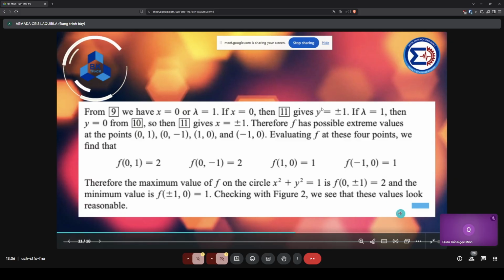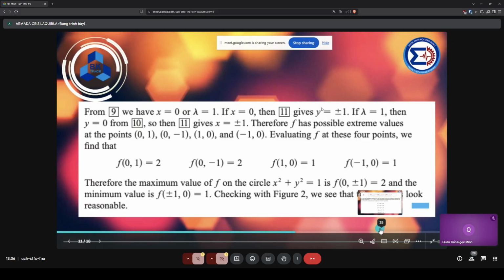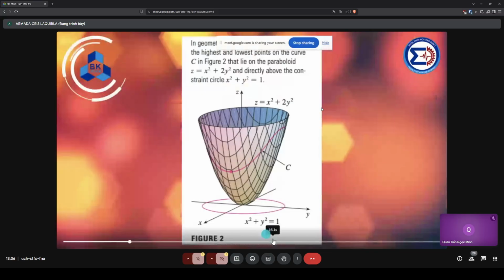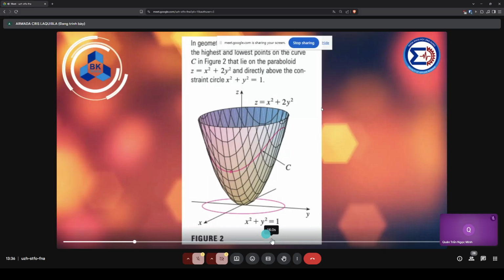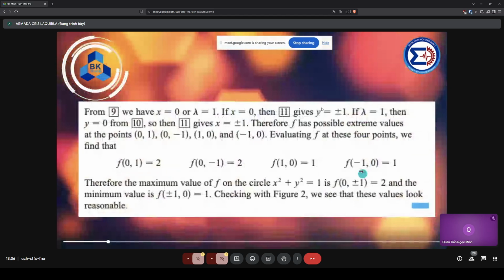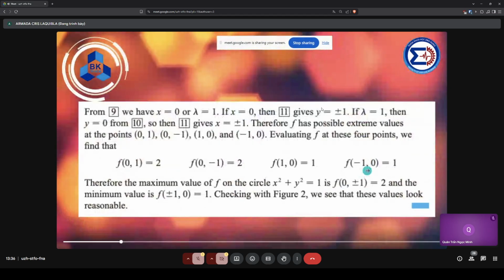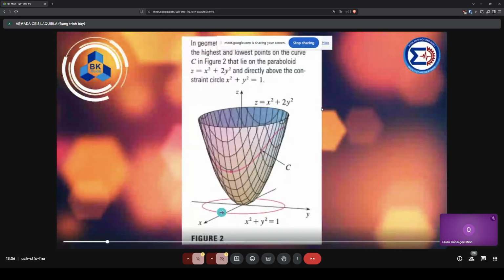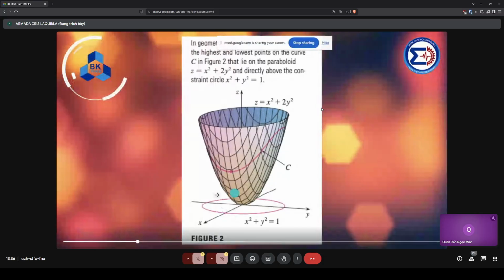So checking with figure 2, we see that these values look reasonable. You can see it here in the graph. Here is negative 1, 0, where x is negative 1, and 1, 0, it's only 1. This is your positive 1 in this graph, and this is the circle.